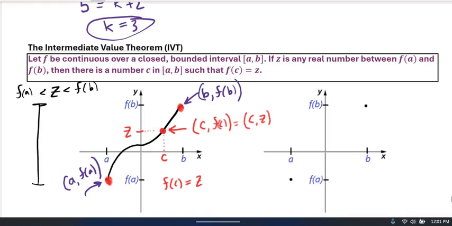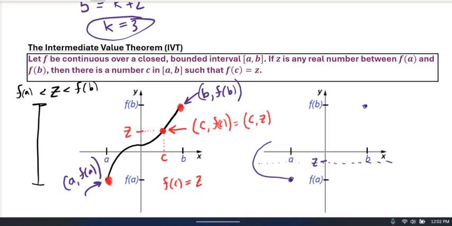So let's say on this graph on the right, I want to think about this value of z. If I drew a horizontal line there at z, how can I draw from the point on the left to the point on the right without crossing the dashed line? You might think, well, I just go around. That's still across the dashed lines. That doesn't count.